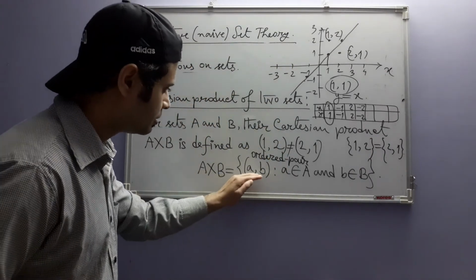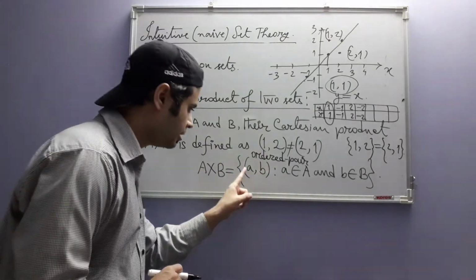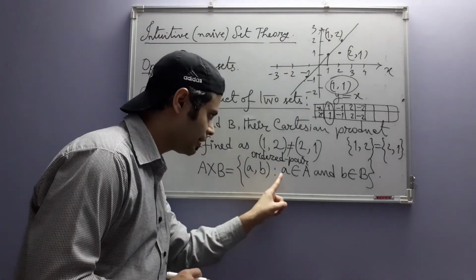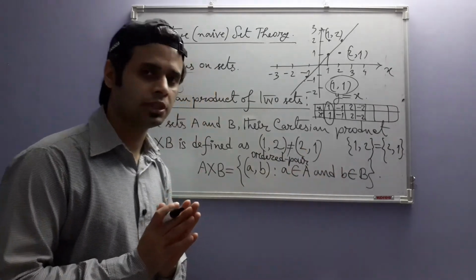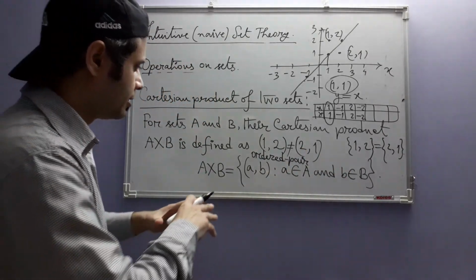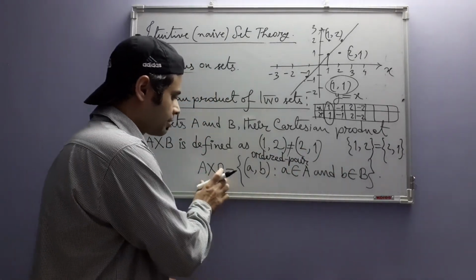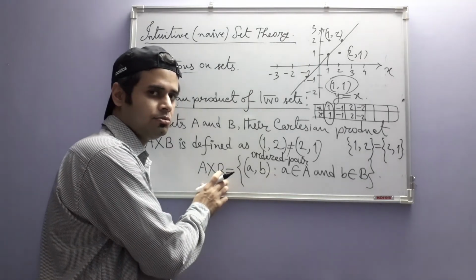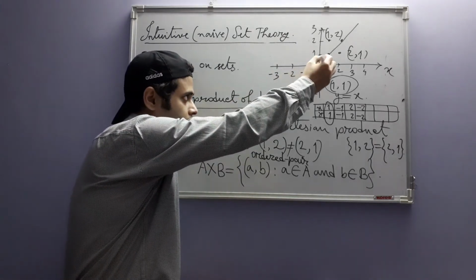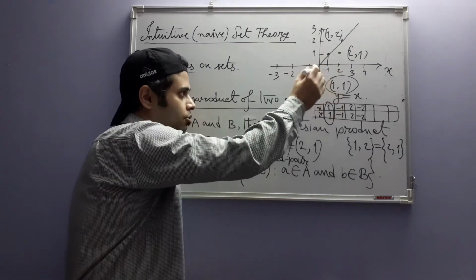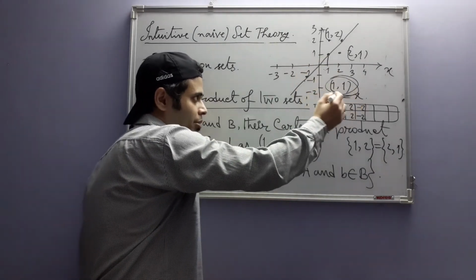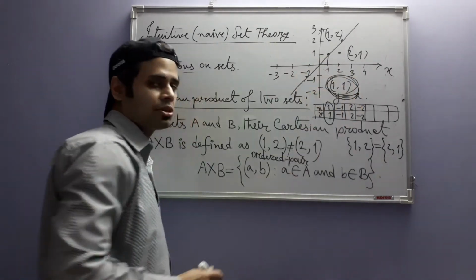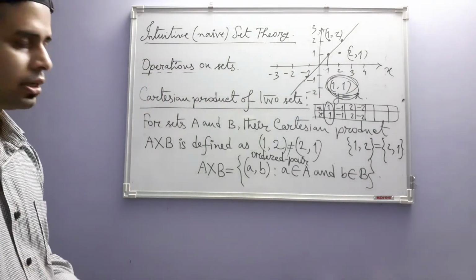Now here, this is also an ordered pair, but instead of numbers, we have elements from the two sets. Okay, and that way you get the Cartesian product of two sets. I have shown this thing only to make you recall this concept of ordered pairs or points on a plane.